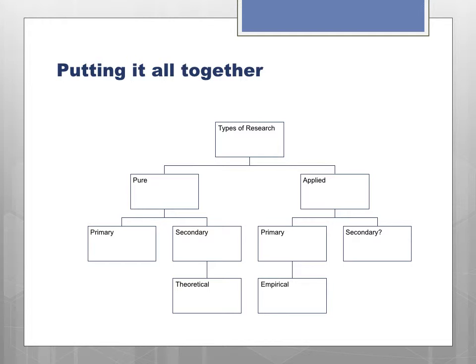If we break down the pure side just a little bit more, then under the secondary side of things, we have theoretical research. Again, this is coming up with a postulate, coming up with an idea that might be based on ideas that have been done before, ideas that have been posited in the past. And then if we look at the applied side of the spectrum, under primary research, we have empirical research.